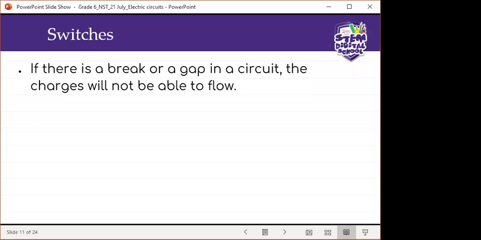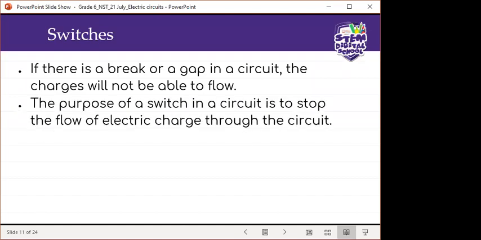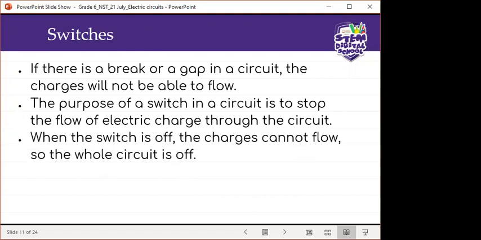Remember we said that our electric circuit should always be closed. The purpose of a switch in a circuit is to stop the flow of electric charge through the circuit. An example is the lights in your rooms. When you switch on the switch, the light bulb turns on, but when it's off, the light bulb goes off. That means that there is a break or a gap in the circuit. When the switch is off, the charges cannot flow, so the whole circuit is off.